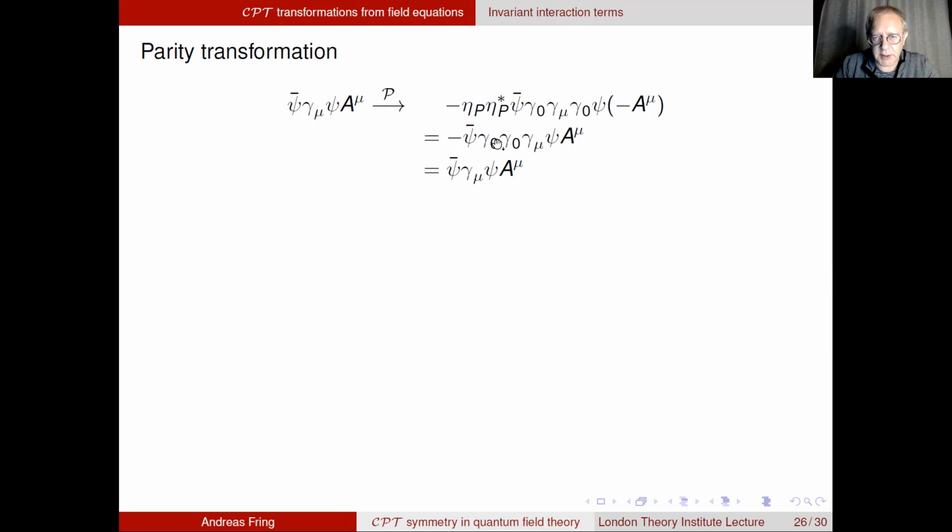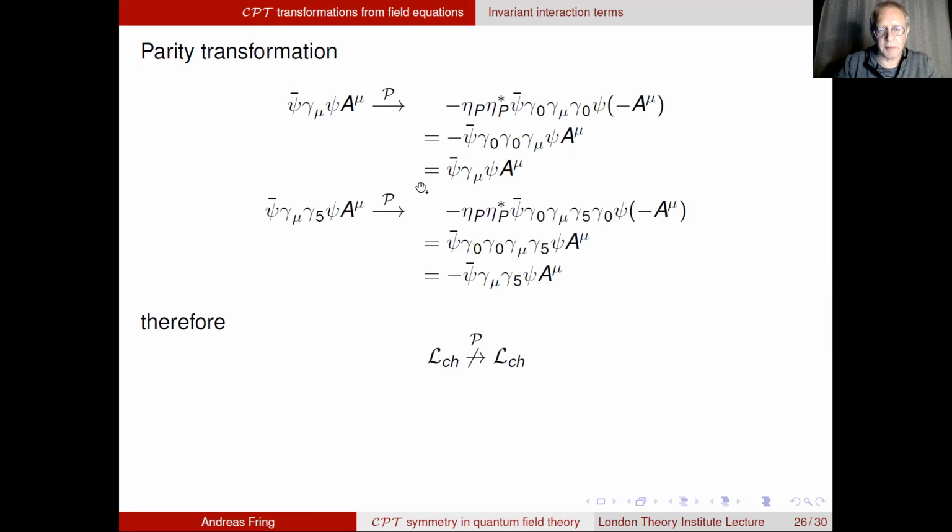This minus sign is now compensated by gamma 0 squared, which is minus 1, and then we end up again with the same term we started with. So again, the first term is invariant under P. It was also invariant under charge conjugation.